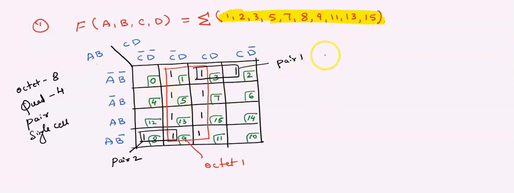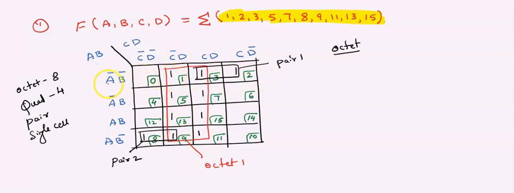Now first you find which is the octet. Here we have only one octet. Can you see this element 1 where it is lying, in this red color? This is my octet. Now you have to find in which row and which column this 1 exists. As you can see, this one lies in the first row and second column.